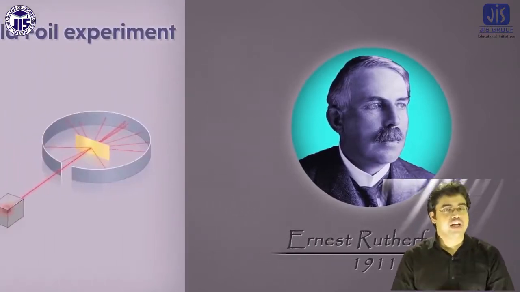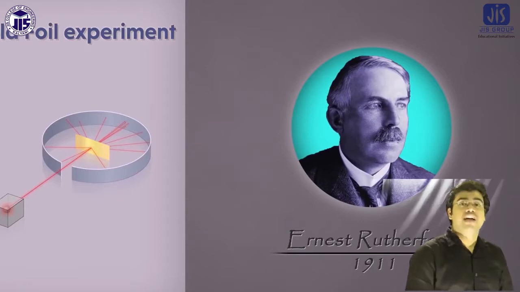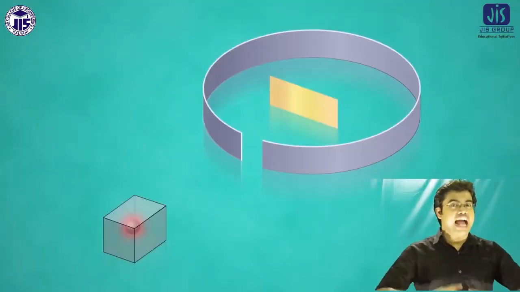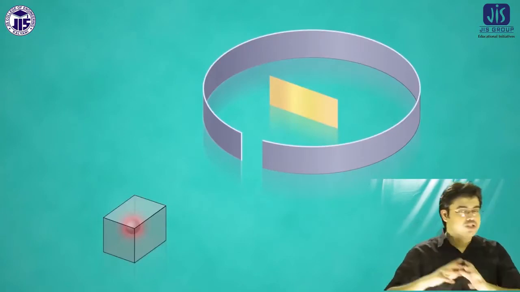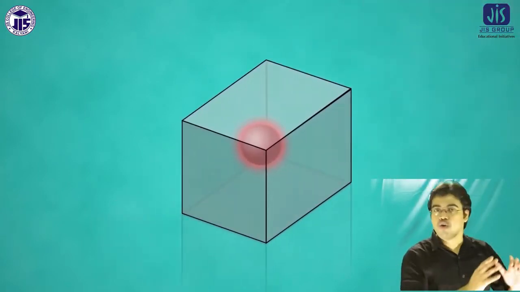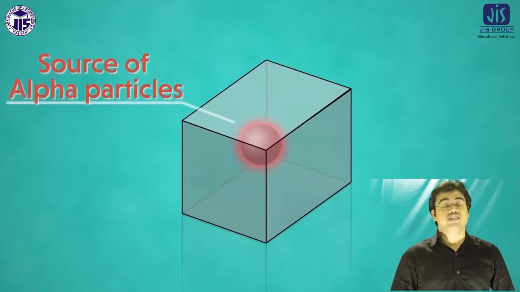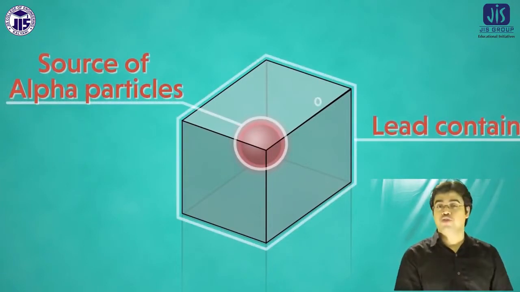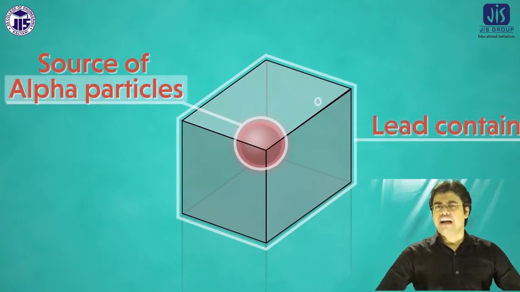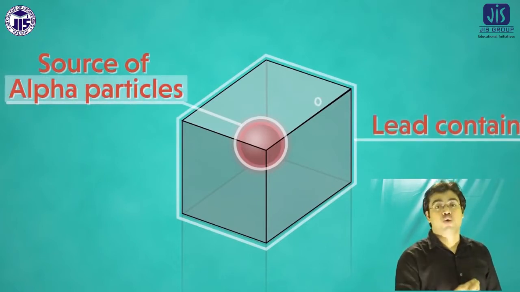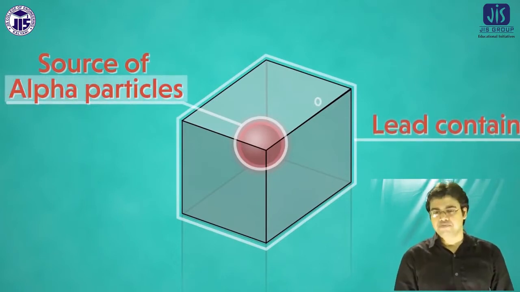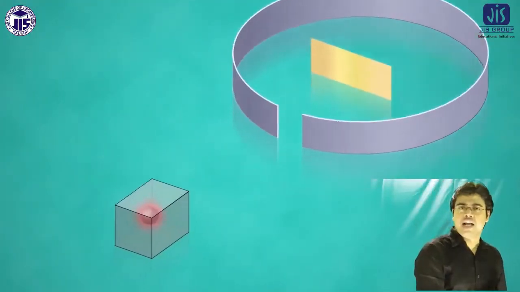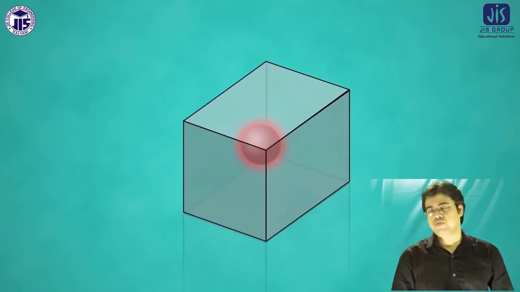Then Rutherford came to the field and did one experiment. This was called the alpha ray scattering gold foil experiment. In this experimental setup there was a source of alpha rays, and that alpha ray source was enclosed in a lead container, and in that lead container there was a small hole.